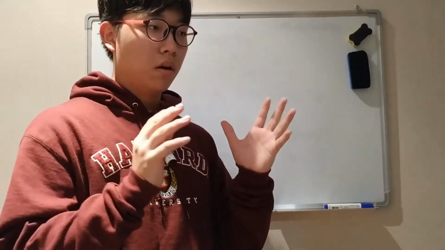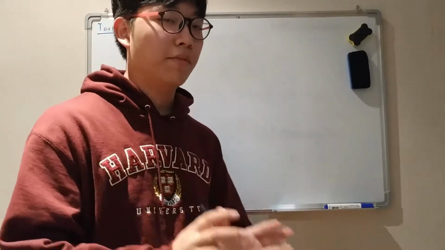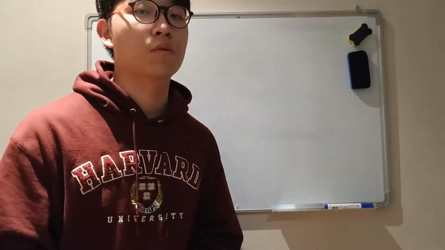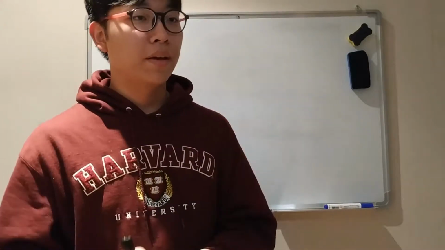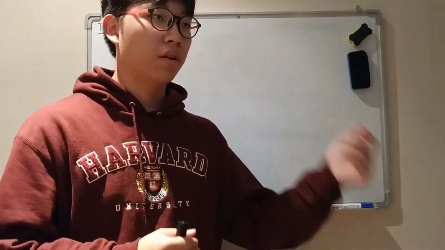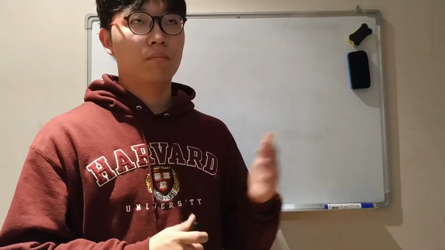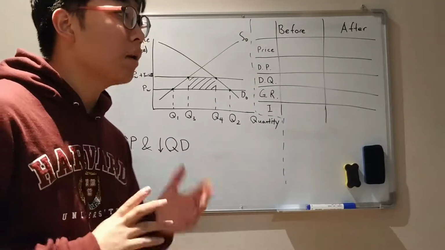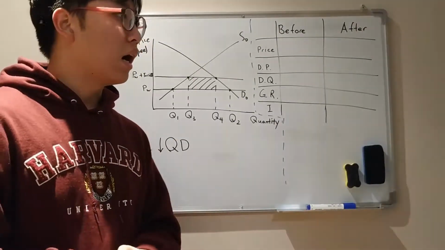These are the major points you have to have within the definition in order to score this point. Next, dumping. Dumping is when a country purposefully sells a product to another country at a cheaper price than producing it. Alright, so I'm going to move on to part B now.